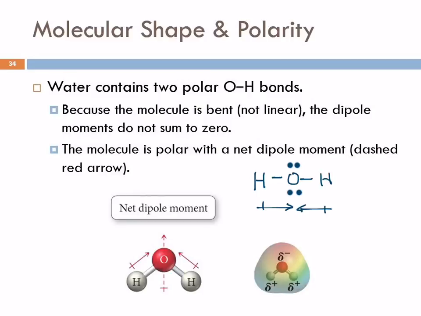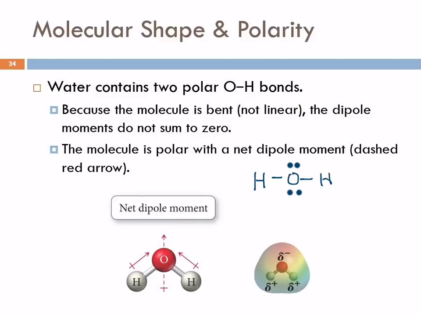But that's not the actual shape of the molecule. That's how we draw the Lewis structure, but that's not the shape. It's actually bent because of these lone pairs pushing these bonds closer together. And so we have one dipole coming up this way and another coming up that way.